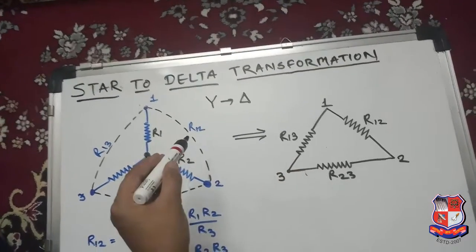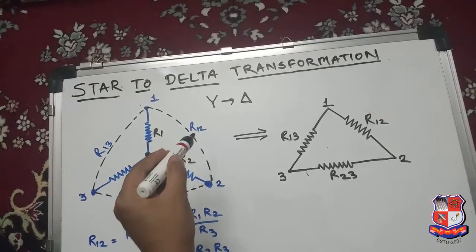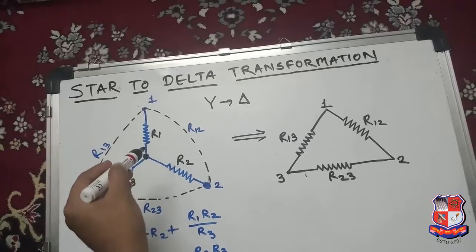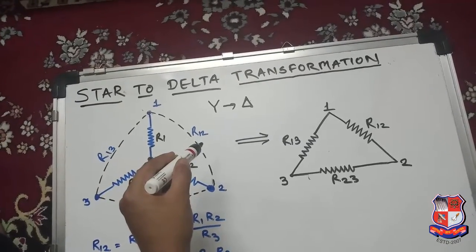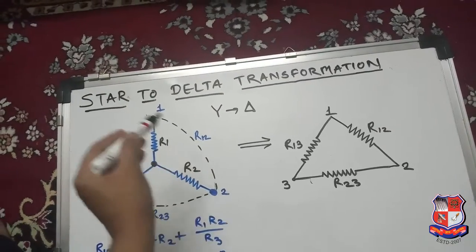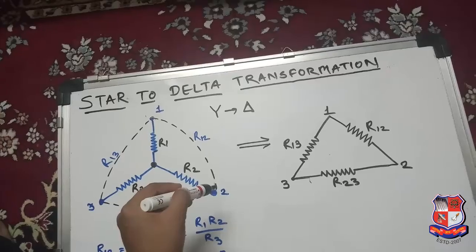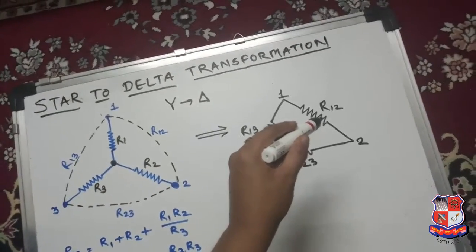Now see, the link which you are getting by connecting R1 and R2 is labeled R12. The resistance of the link which you get by connecting terminals 1 and 2 from the outside is labeled R12.